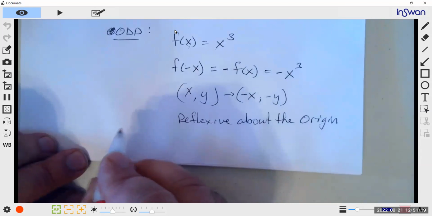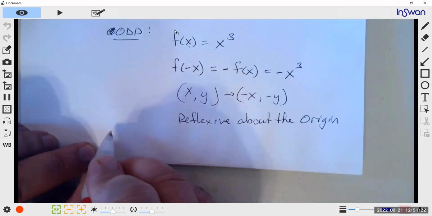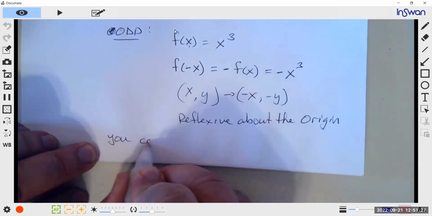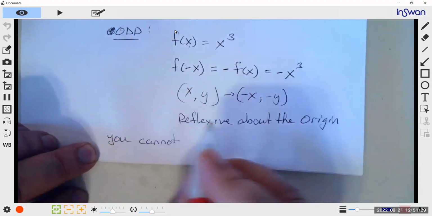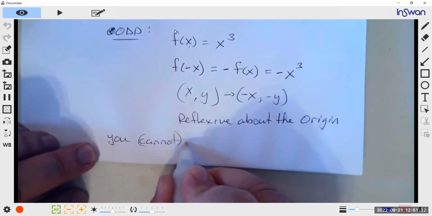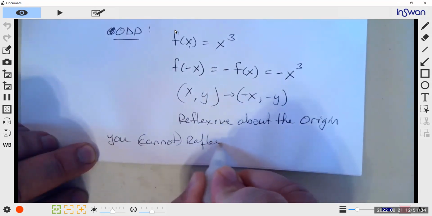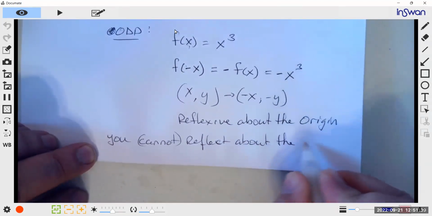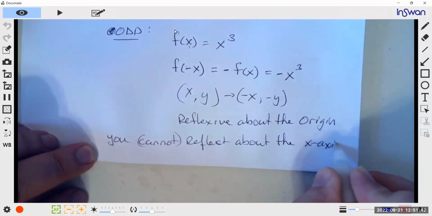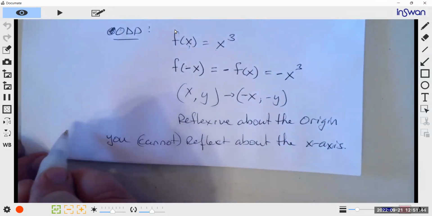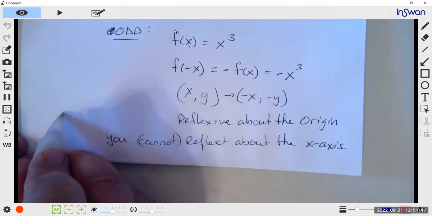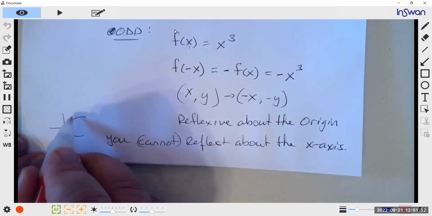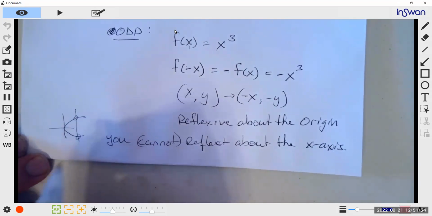So basically, you're not supposed to reflect about the x-axis. Because if you reflect across the x-axis, let's say we had that function, if we reflect it across there, we no longer have a function because it fails the vertical line test.